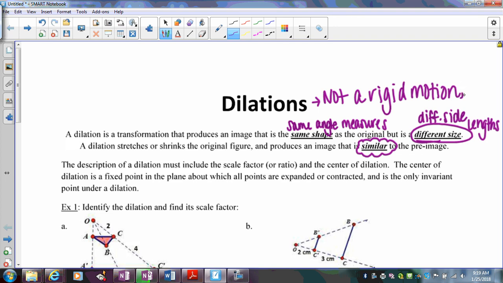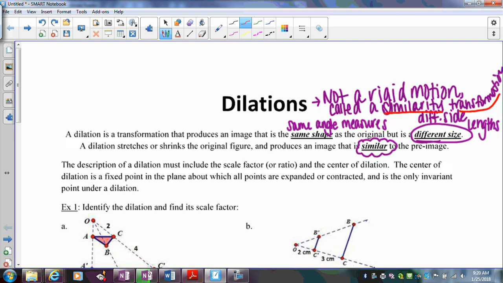It's actually called a similarity transformation, meaning it produces similar figures, not congruent figures. So let me just underline that, similarity transformation.